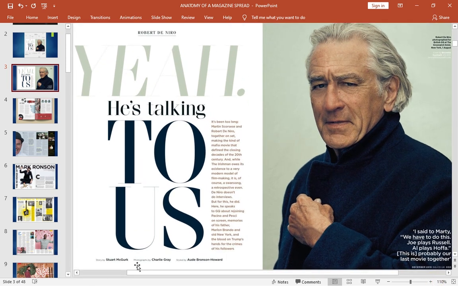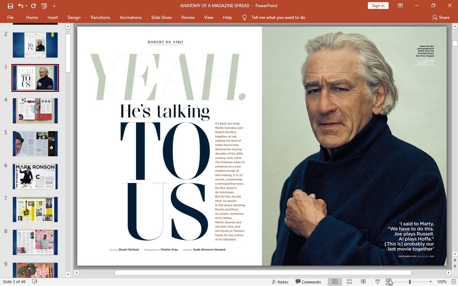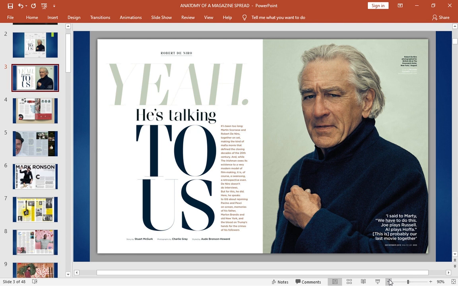You can see photograph by Charles Gray, that's a byline, and styled by and story by, that's some of the bylines that I was talking about. Now you have to consider the readability. When we talk about readability, we want to look at how the reader can read it easily. There are some magazines where, when you just take it, you don't know where to start reading from.